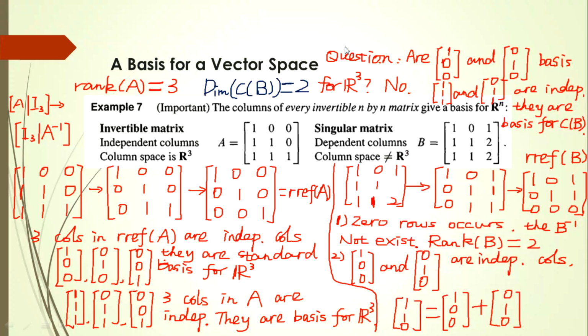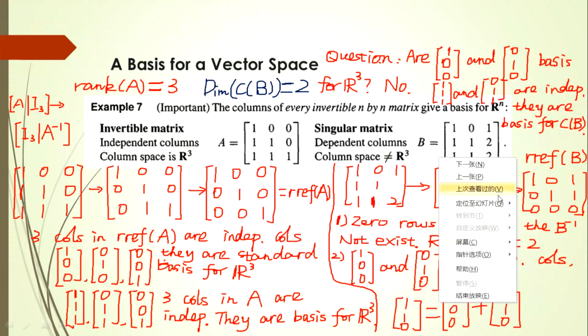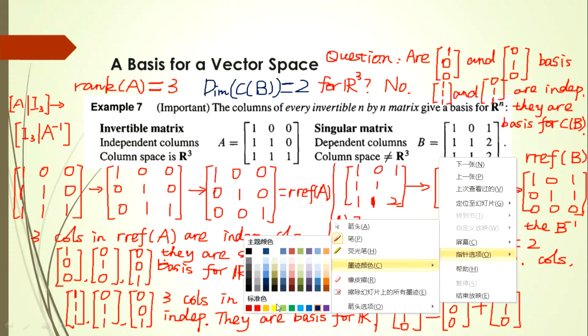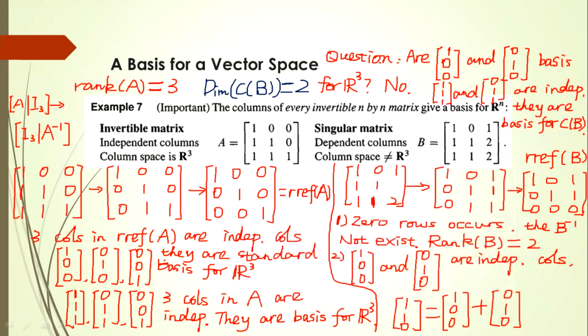The column space of matrix B is a subspace of R3. So for the column space, we only need 2 independent vectors, and they can span the column space. They cannot span R3. Are you clear? We will check those statements further, okay? So don't be confused.